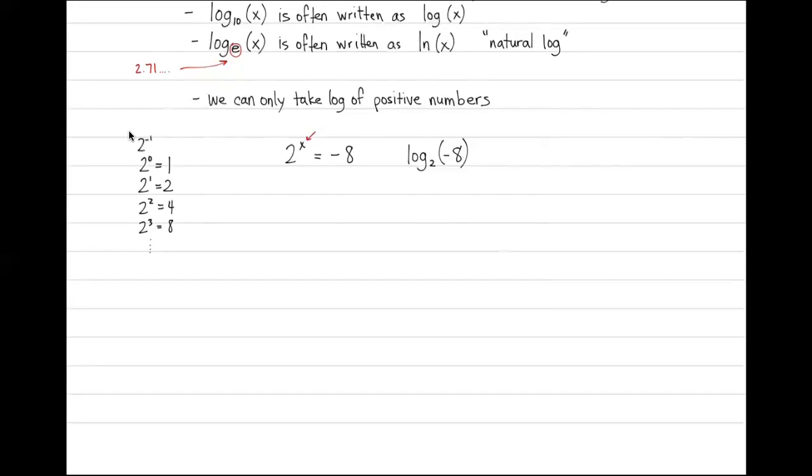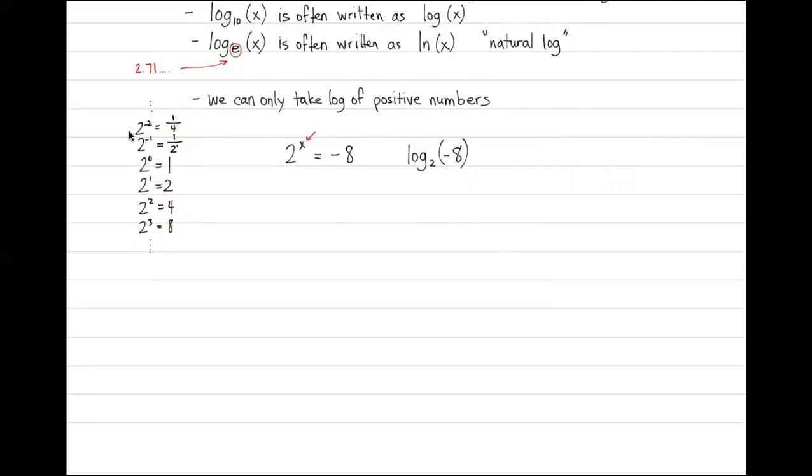Now, what if I did -1? Remember back to your rules, we would say that that would be 1 over 2 to the positive 1. So that's 1/2. That's still a positive number. 2 to the power of minus 2 would be 1 over 2 squared, which is 1/4. So it doesn't matter which direction I go, all of these answers are always positive numbers.